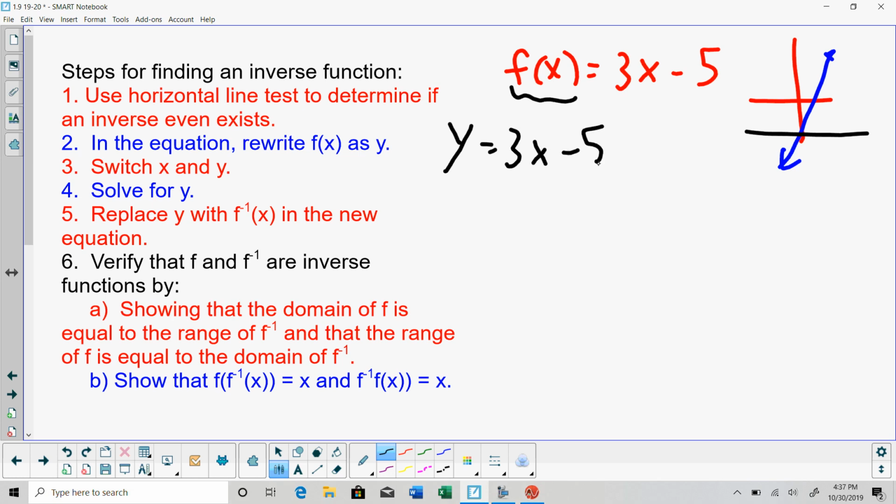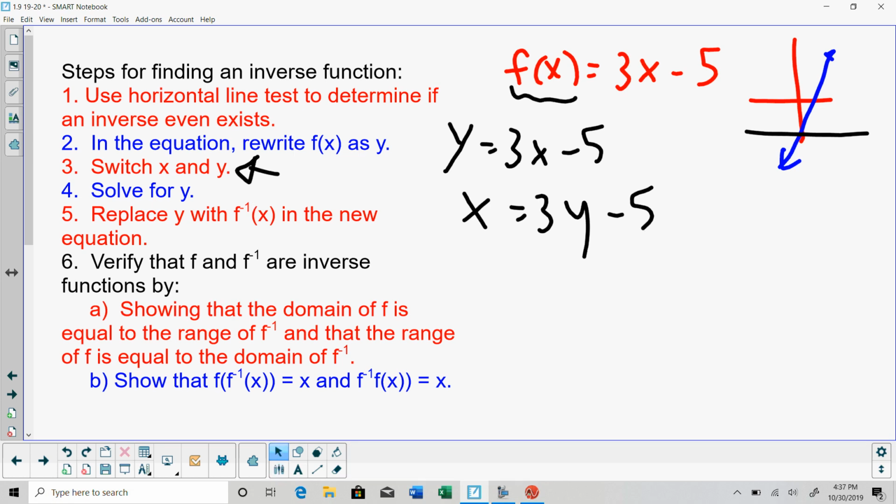Now we're on to step 3. Step 3 says switch the x and the y. So I'm going to write x equals 3y minus 5. Now we're on to step 4, and step 4 says solve for y. To solve this equation for y, I'm going to need to add 5 to both sides.